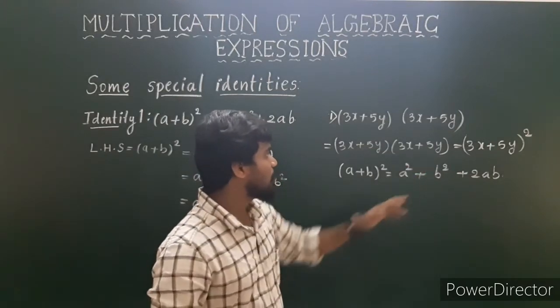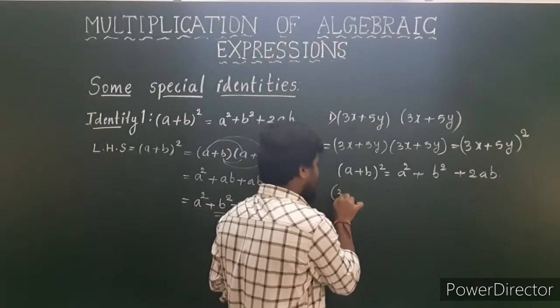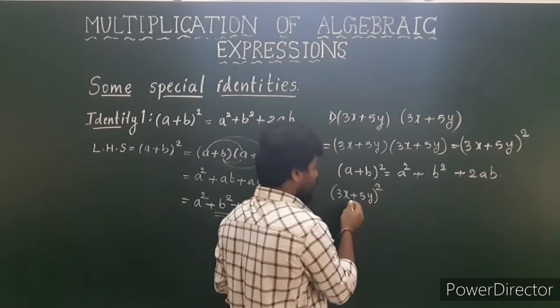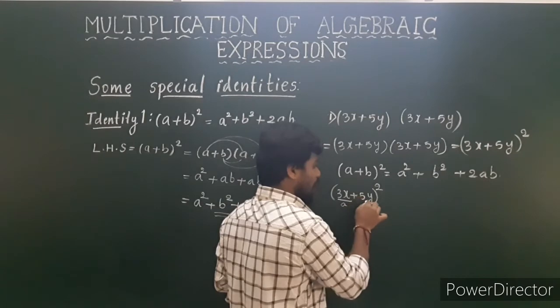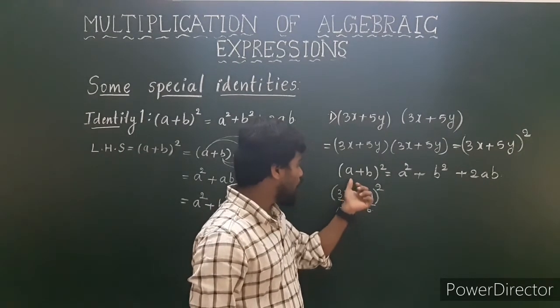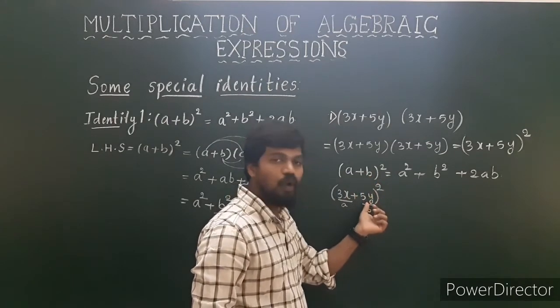So now write below: 3x plus 5y whole square. Now 3x acts as a and 5y acts as b. So in the place of a you have 3x, in the place of b you have 5y.